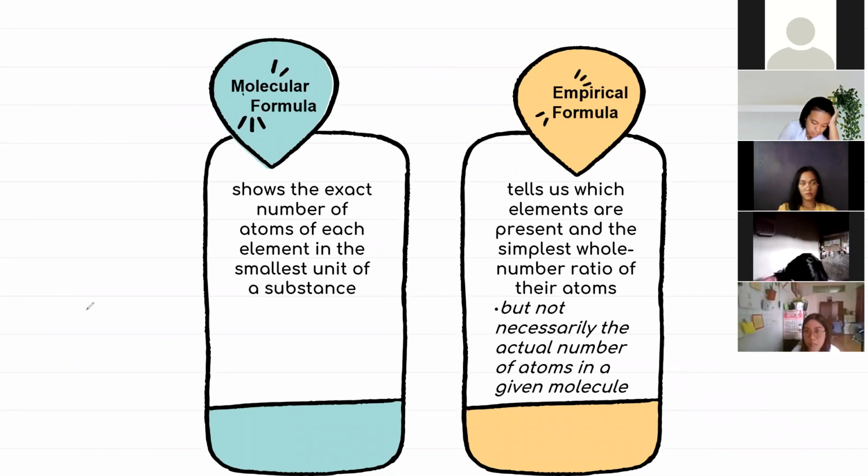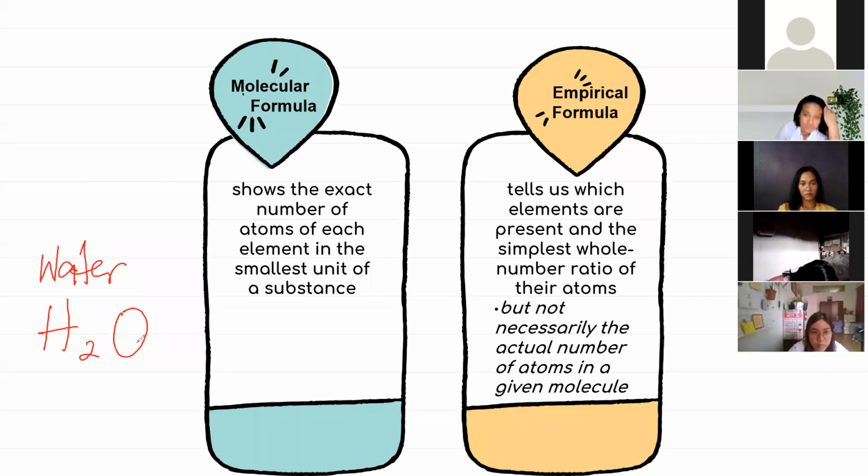So for example, water. Water is H2O. That's the molecular formula of water. It will give you how many atoms of hydrogen there are and how many atoms of oxygen also. So the exact number of atoms.